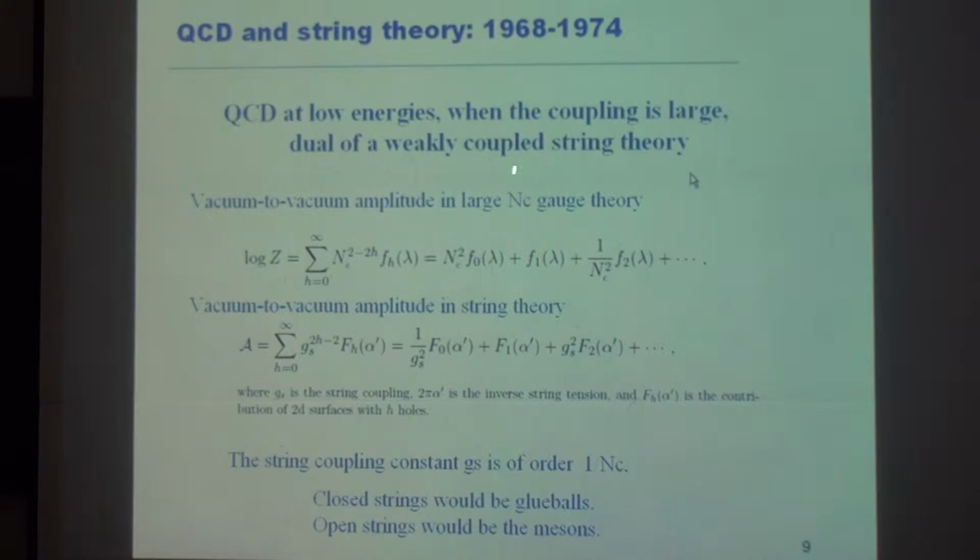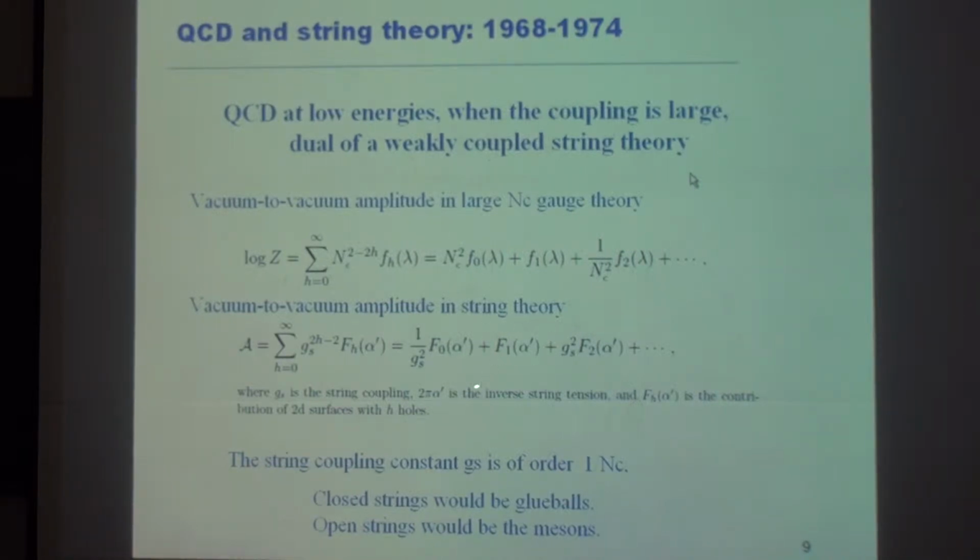You can read this duality from the vacuum to vacuum amplitude in large-N_c gauge theory and the vacuum to vacuum amplitude in string theory, and you see the structure is quite similar. Then you can read that this is the string tension.